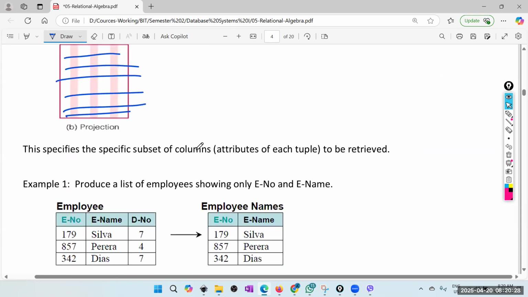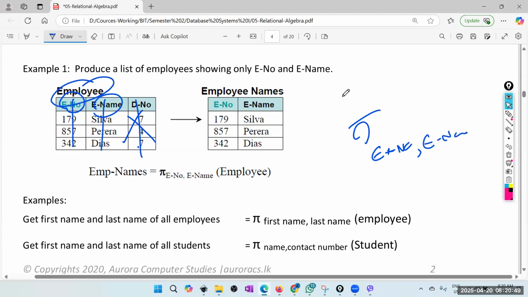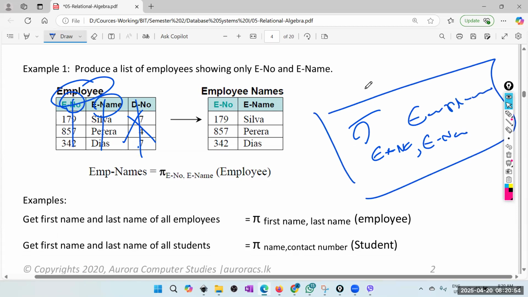So this is an example, same table. Earlier we had three fields. Maybe we are only interested in employee number and employee name, not department. So we can project. How do you write it? Project employee number and employee name from employee table. So that is how you write it, and the result is this, if your original data set is this. We use pi for projection.